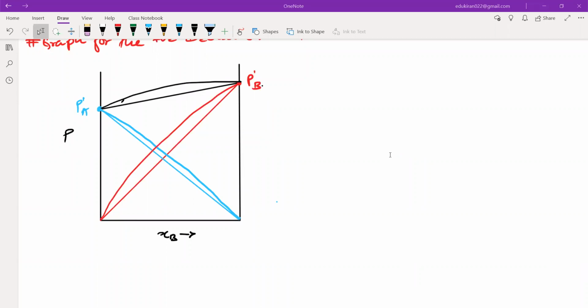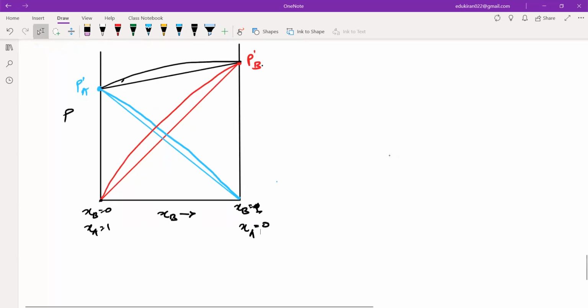And if it is positive deviation, then you just have to make a curved line which is above the ideal situation for all of the three lines: for the P total, for the PA, and for the PB. The other things are the same. And you can write the details here: chi B is equal to 0, chi A is equal to 1, chi B is equal to 1 and chi A is equal to 0 here. Okay, so all of these things you can write.